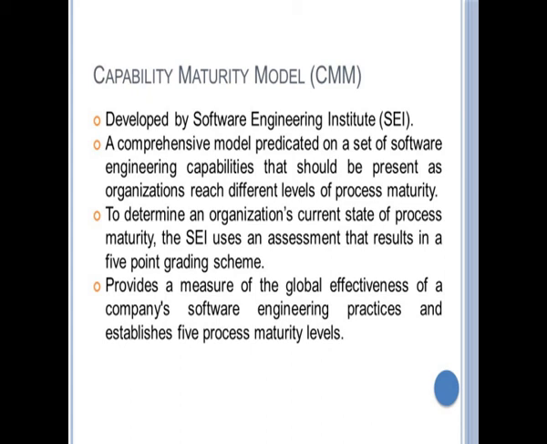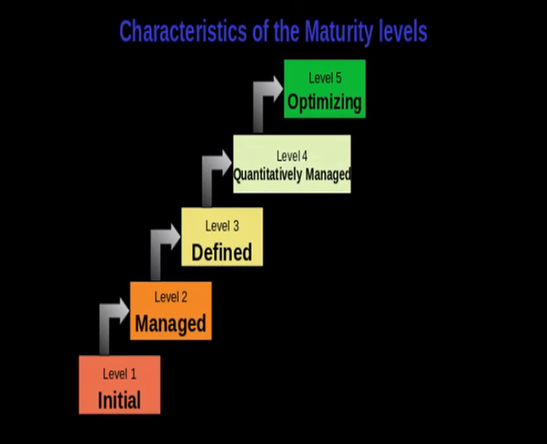Level 1 is the initial CMM level. This is the lowest level. No sound software engineering management practices exist in these level 1 companies. Everything is done on an ad hoc basis.